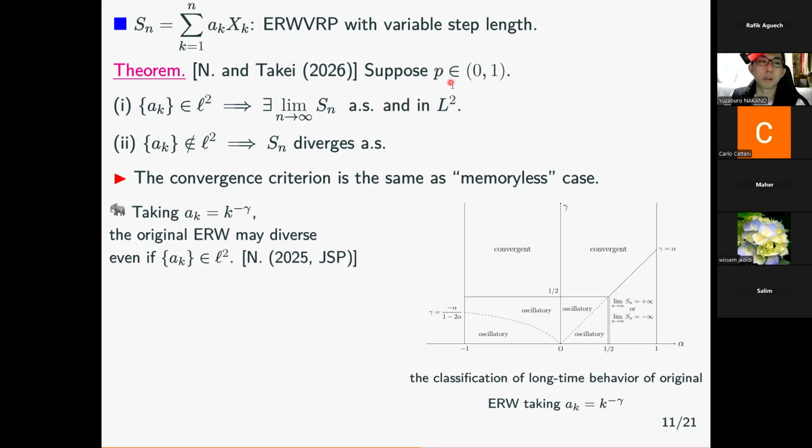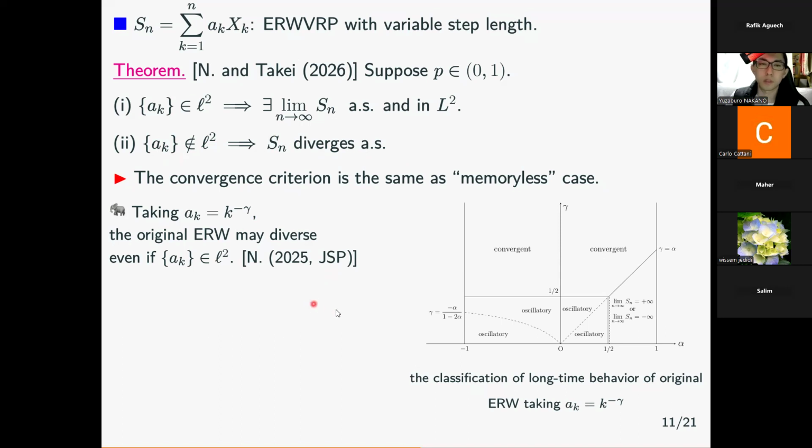Suppose the memory parameter p is between 0 and 1. If the weight Ak is square summable, then Sn converges with probability 1 and in L2. If Ak is not square summable, then Sn diverges almost surely.